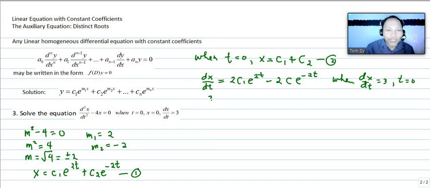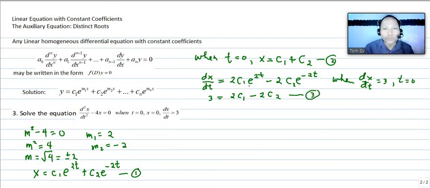We have here 3 equals, again, e to the 0 equals 1 times 2c sub 1, which is 2c sub 1, minus, again, when t is substituted as 0, 0 times 2 is 0, so e to the 0 equals 1 times 2 c sub 2, minus 2 c sub 2. We will make this one our equation 3.